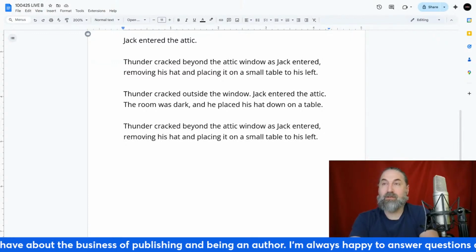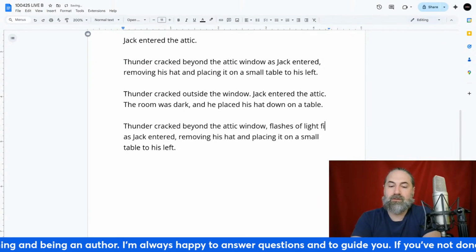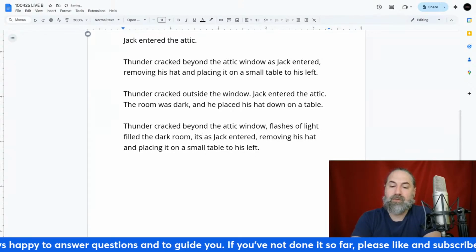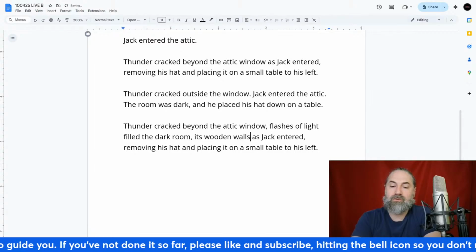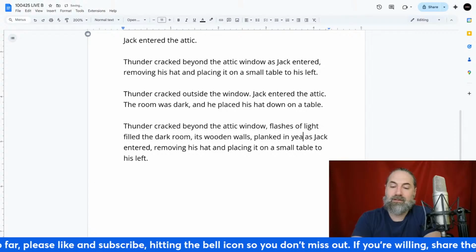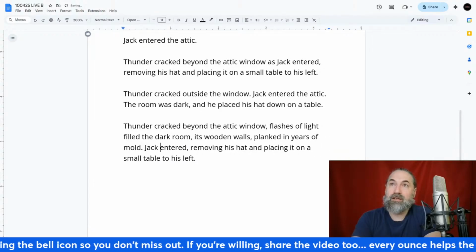Flashes of light filled the dark room. It's wooden plank. It's wooden walls, plank, and years of mold. Jack entered.